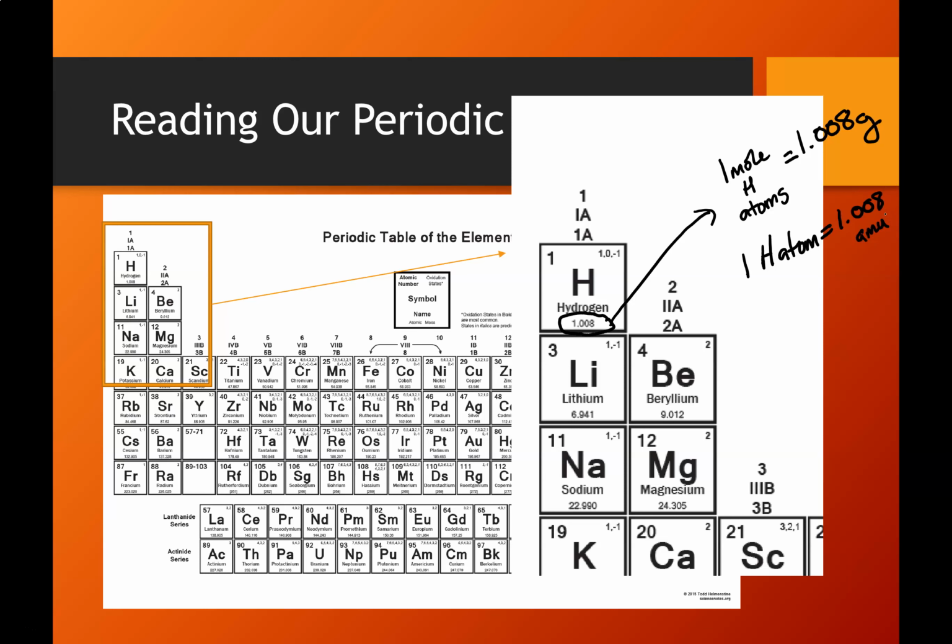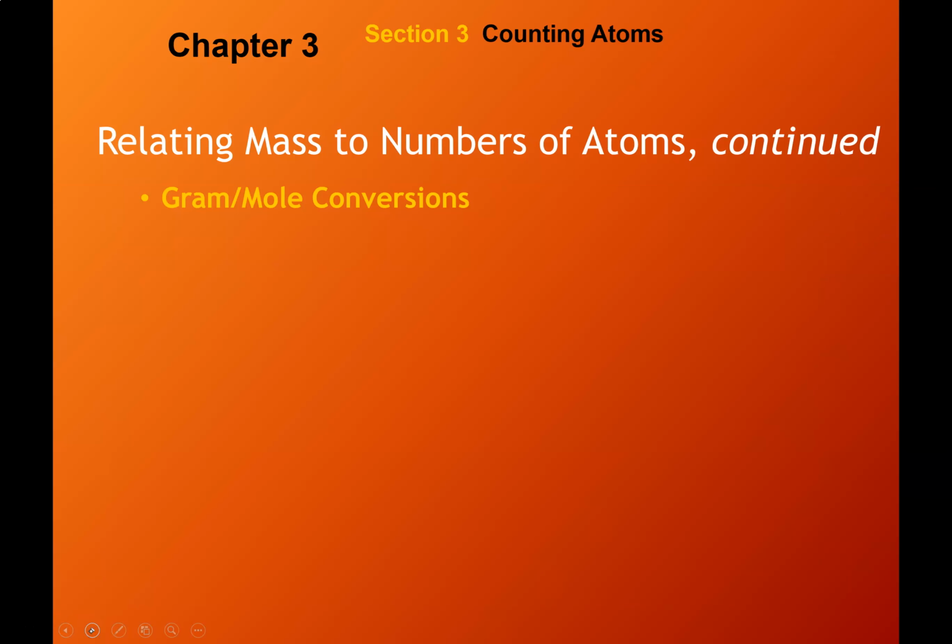And that goes for any atom. We could talk about magnesium and how it weighs 24.305 grams per mole, or we could talk about how 1 atom of magnesium weighs 24.305 AMU. It's so convenient that AMU and moles line up, I know. Let's not ask too many questions about that.